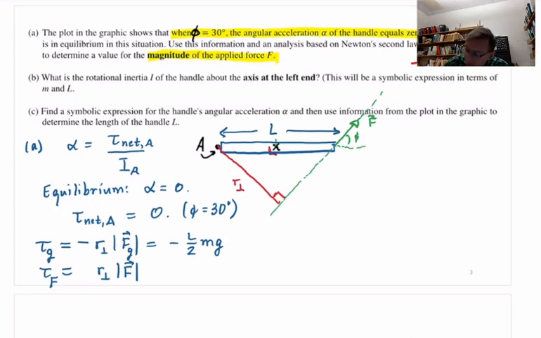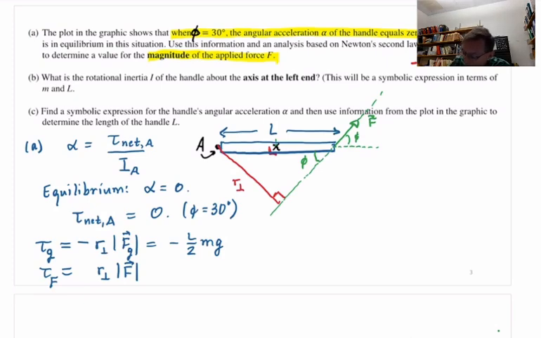Now you have to do a little bit of trig and geometry. If the angle of the applied force relative to the horizontal is phi, then this angle over here is also phi. Vertical angles are congruent.